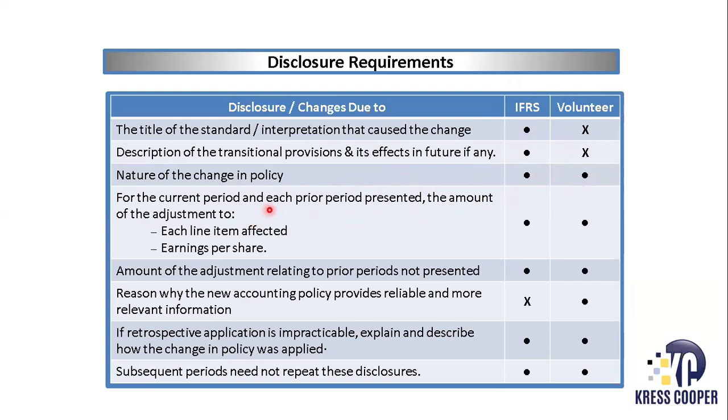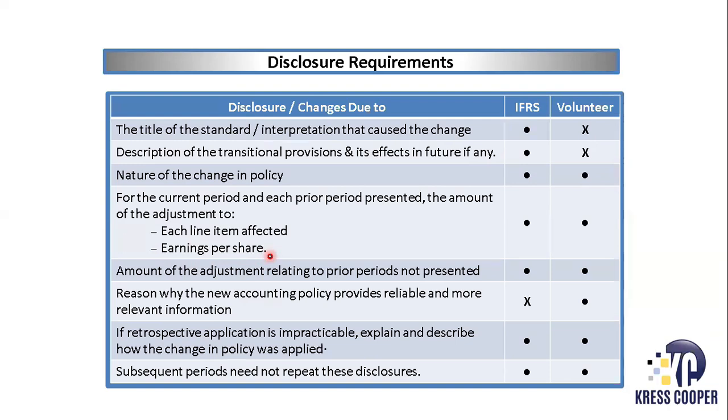For the current period and each prior period presented, the amount of the adjustment to each line item affected should be disclosed. Depreciation is a line item, property, plant and equipment is a line item, and the impairment loss might also change. And the ultimate impact on the earnings per share should be disclosed, because obviously the earnings would be different because of the change in policy.